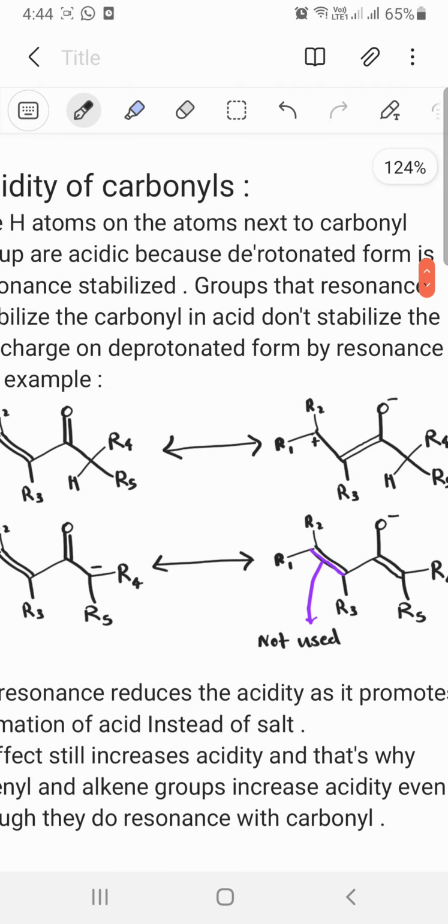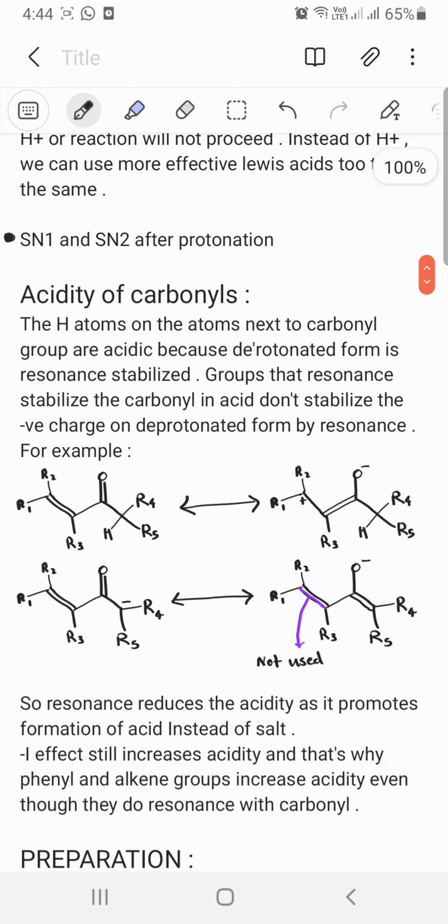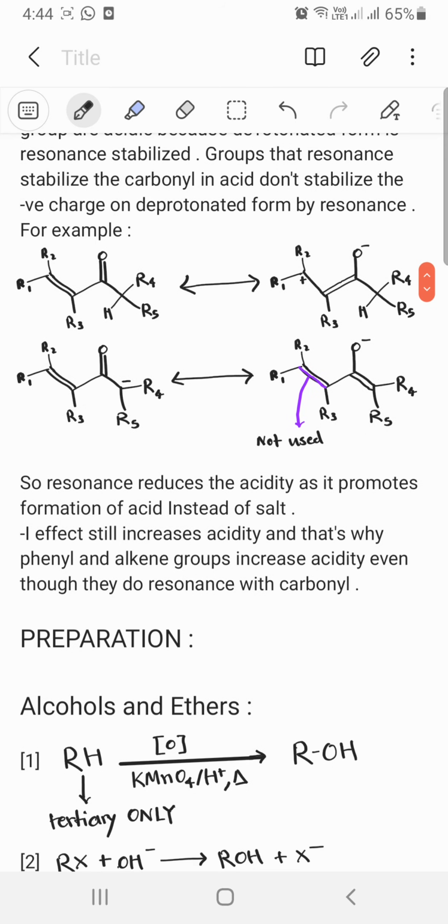So what that means is that resonance stabilizing groups don't increase acidity, they decrease acidity. Resonance reduces the acidity as it promotes formation of acid instead of salt. The minus I effect still increases acidity, and that's why phenyl and alkene groups increase acidity even though they do resonance with the carbonyl.